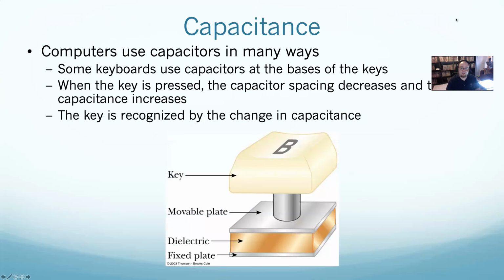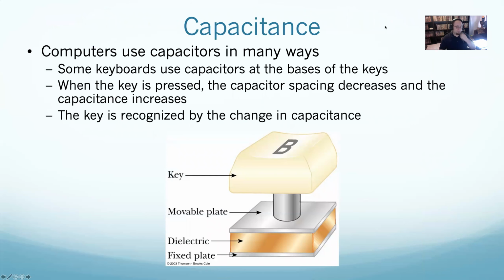One way capacitors are used is how mechanical keyboards work. Not all keyboards use this, but some do. The general idea of a capacitor on a keyboard is that you have a metal plate, some substance, and a top metal plate, and that's what the key pushes down on.